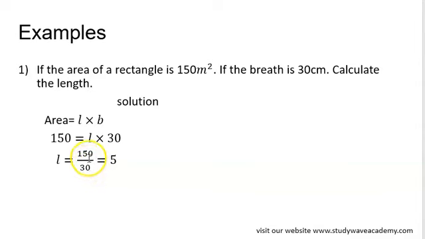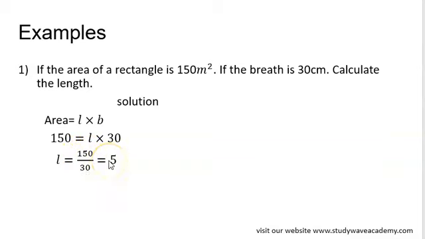And how do you divide 150 over 30? You can use the long division method to try out how to divide 150 over 30. When you do that, your answer will be 5. Okay, 5 times 30 will give us 150. So 30 can divide 150 and it will give us 5.